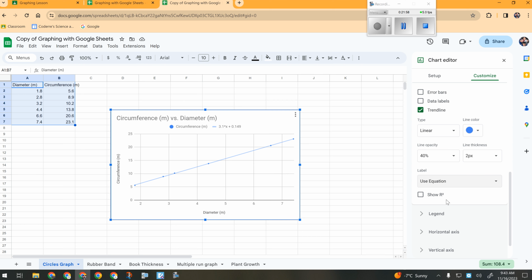Okay, so now that we've got our circumference and diameter graph, we know our slope. We've got a y-intercept. Should we? I mean, really, if this was 100% accurate, I should have a y-intercept of 0, because a circle with a radius of 0 would also have a circumference of 0.